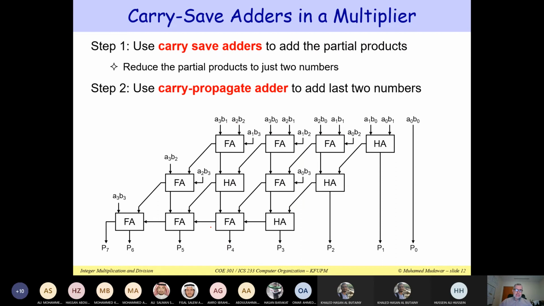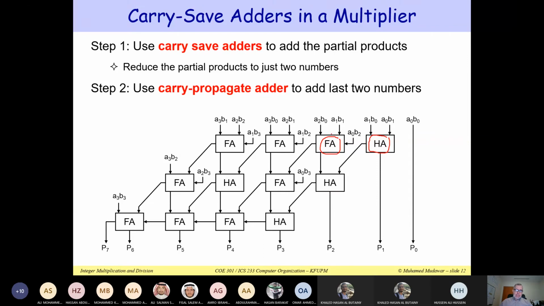I can produce here a tree of adders, full adders or half adders. If I'm just adding 2 bits, I'm going to use a half adder as indicated in this box. So HA here is a half adder. If I'm adding 3 bits, I'm going to use a full adder. So notice that most of these are full adders except when I'm adding only 2 bits.